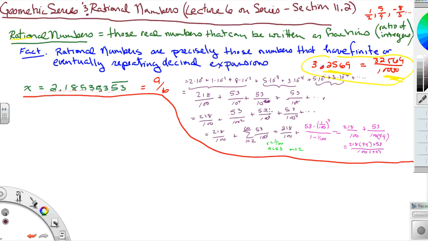Okay, so how are we going to see a shortcut? We've already got x is defined as 2.185353, and so on down the road, right? I'm going to multiply it by powers of 10 that allow me to line up the decimal expansion.